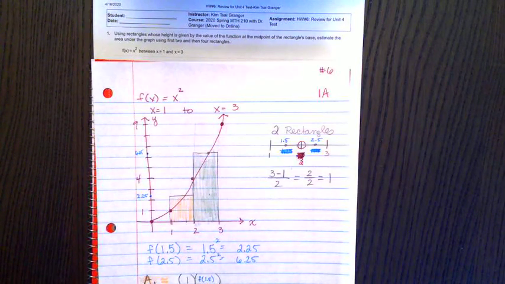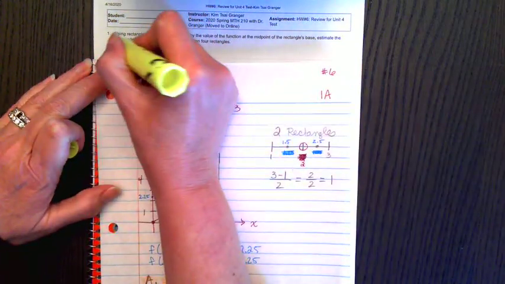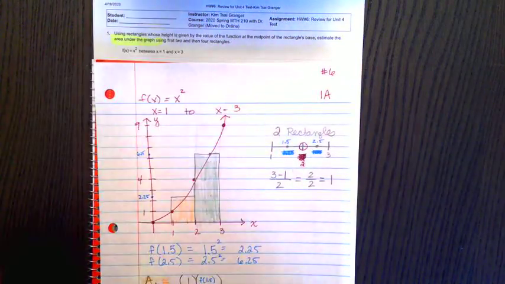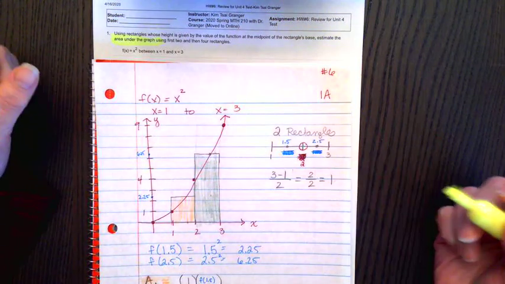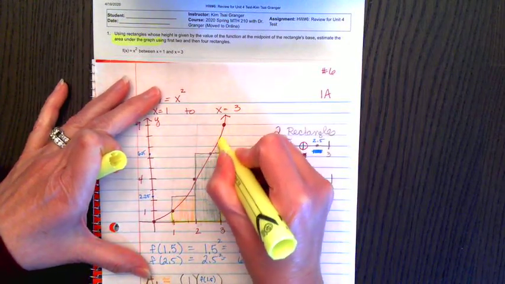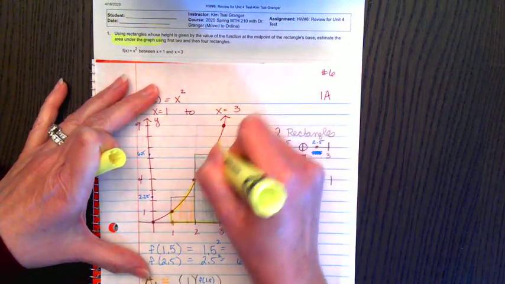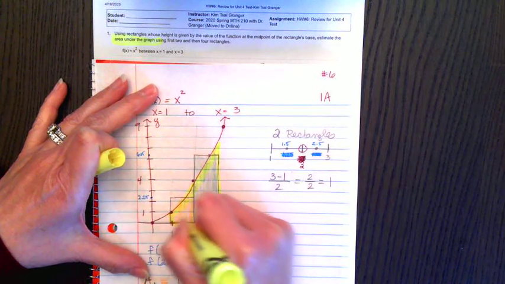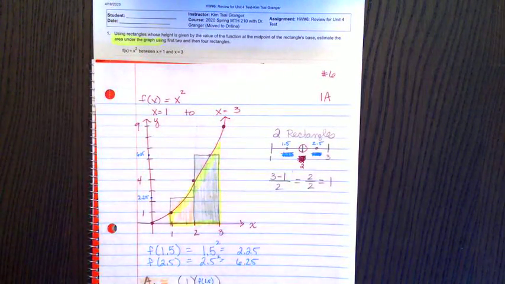What we're trying to do is find the area under the graph, from x equals 1 to x equals 3, under this parabola. This funny shape, not even a polygon, is one we don't have a formula for.